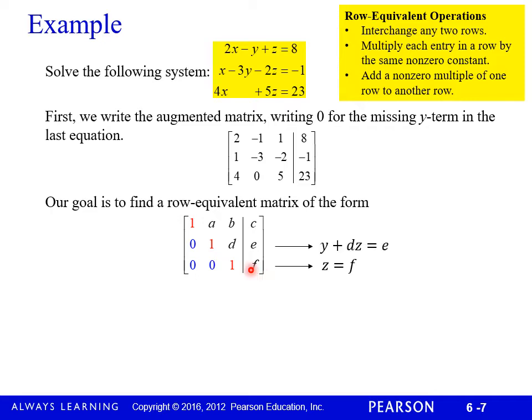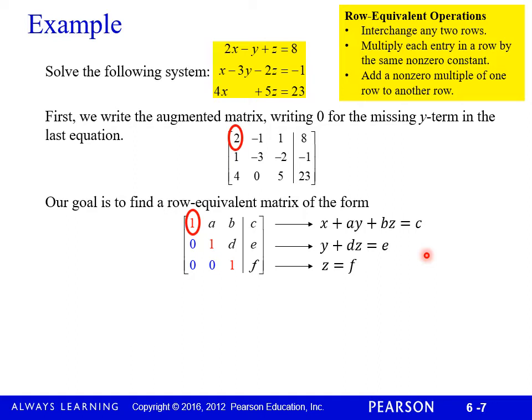If we go one row up, we get 1y plus dz equals e. Well, if we know what z is, we can plug that in, and then we can solve for y. And if we go up to the top row, we get 1x plus ay plus bz equals c. Since by this time we know what y and z equal, we can now solve for x. Okay.